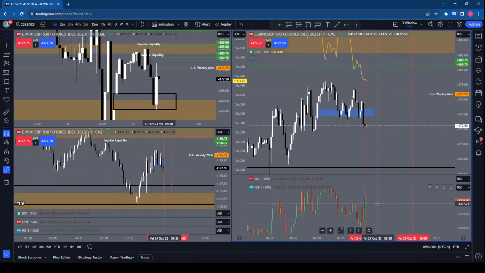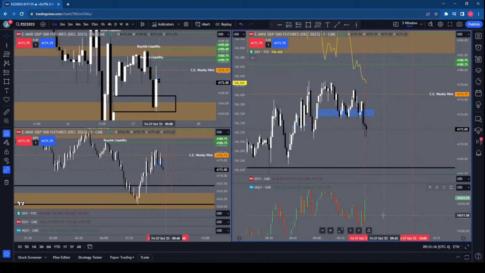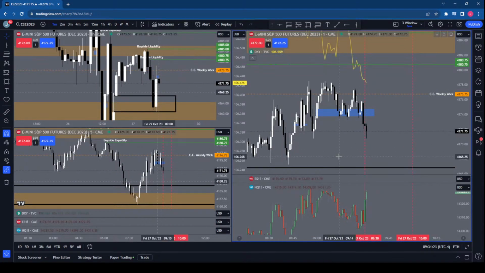We don't have a weekly draw. We don't have any big higher time frame areas that we can be confident it's trying to get to, especially where the dollar's at right now. The dollar's just in between that range of the consequent encroachment of the wick and the daily consequent encroachment.